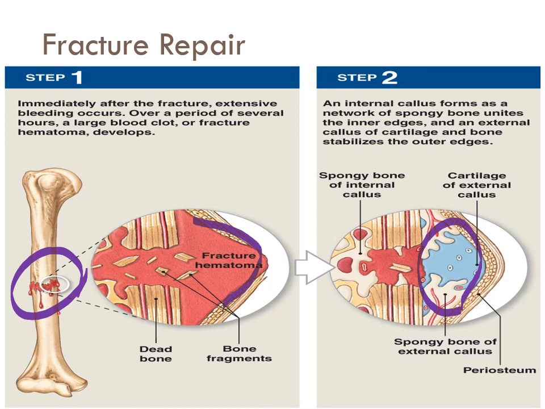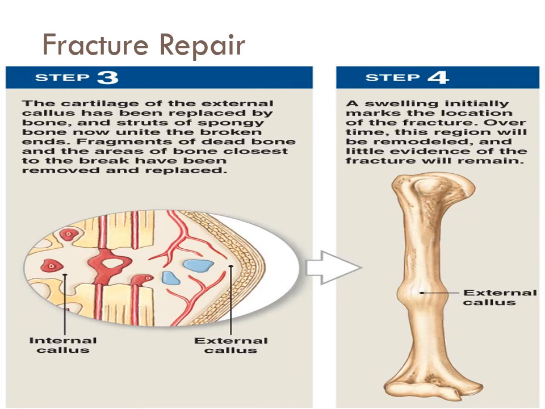And this is our external callus out here and our internal callus in the medullary cavity. That callus is going to then be remodeled over the next year or so. And so in the beginning, you can see that there is this lump in the bone.